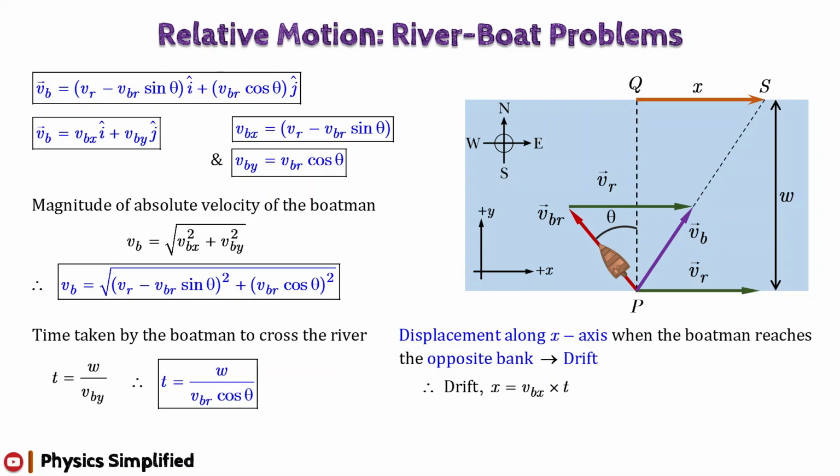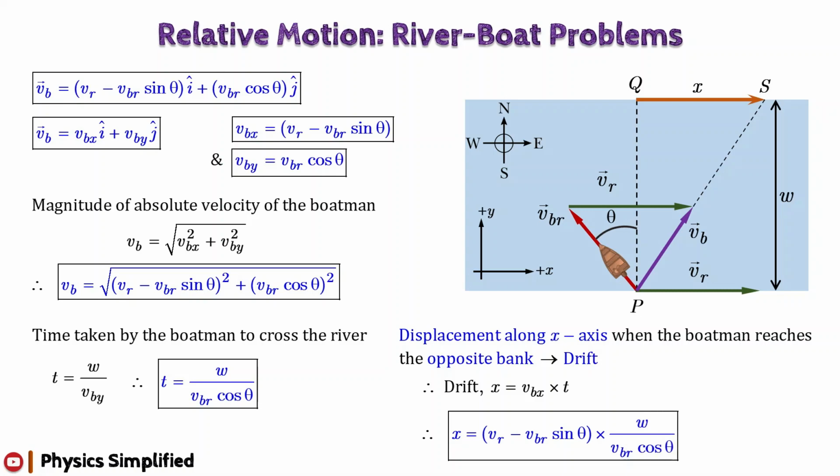Here t denotes the time of crossing the river. Substituting the expressions of v suffix bx and t, we obtain drift of the boatman as x is equal to, within first bracket, v suffix r minus v suffix br sin theta, times w divided by v suffix br cos theta.